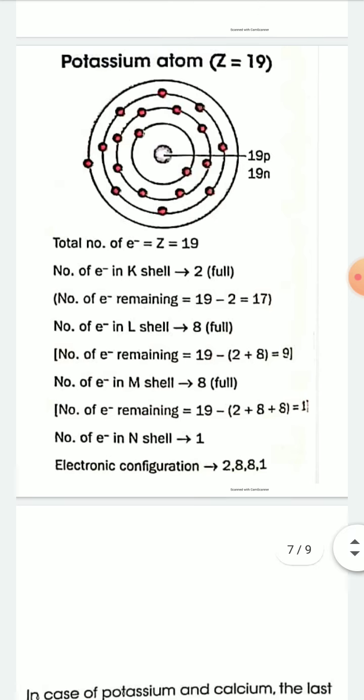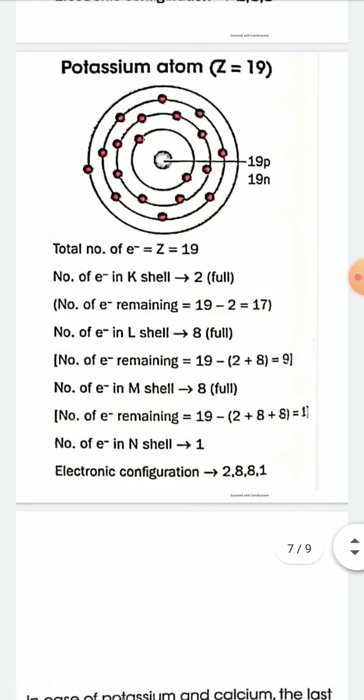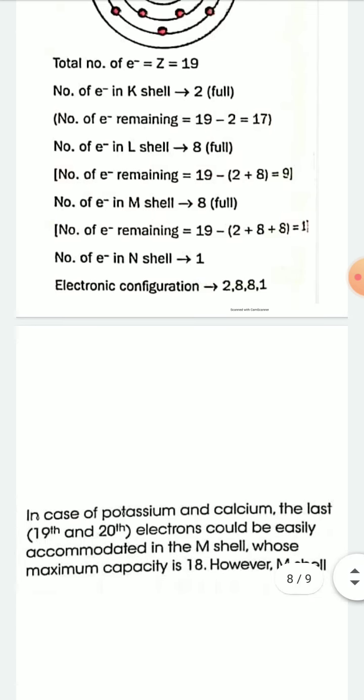Here is one note you have to remember. You know that the third cell can accommodate a maximum of 18 electrons, but here I have given 8 electrons in the third cell, and according to the 2n square rule, the third cell can accommodate a maximum of 18 electrons. But here the electrons in the third cell are not arranged according to the 2n square rule. So what is the reason?